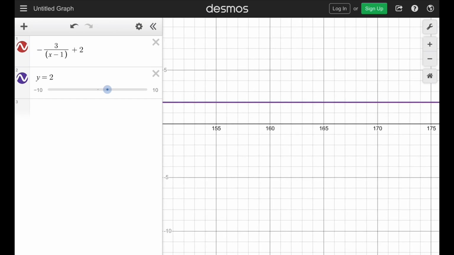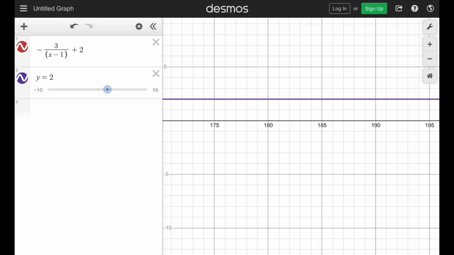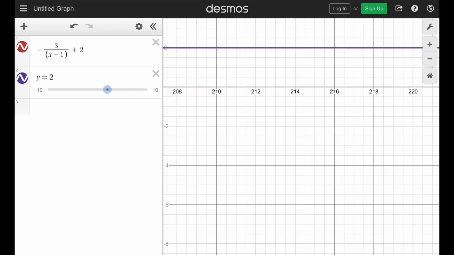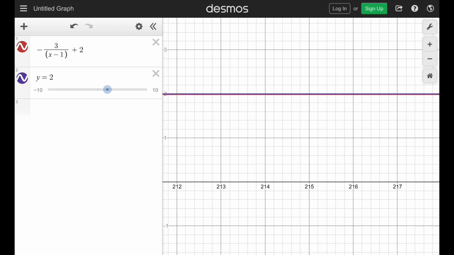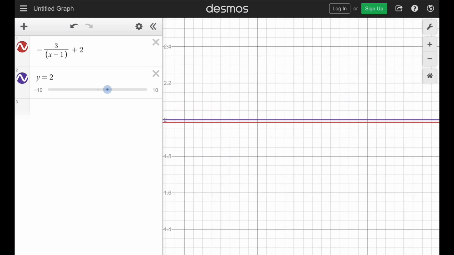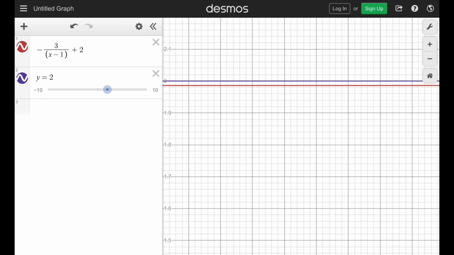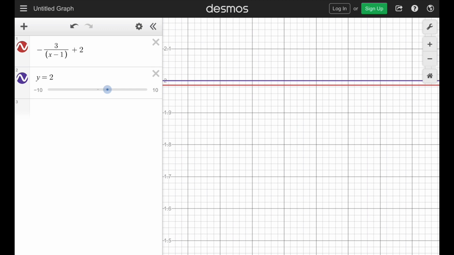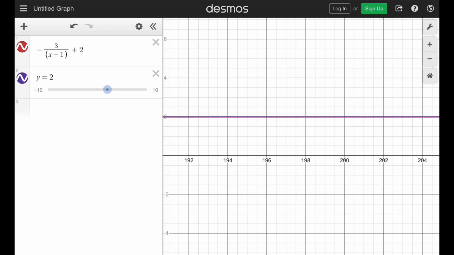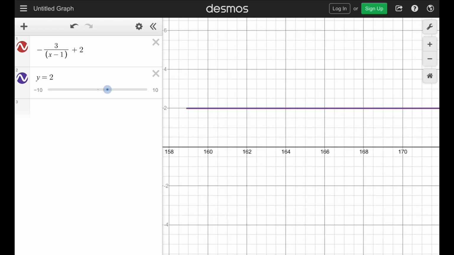And we see that the purple line and the red line are getting closer and closer to each other, but you can still see purple and red. They're still apart. They get closer and closer, but they don't touch each other. And that is an asymptote.